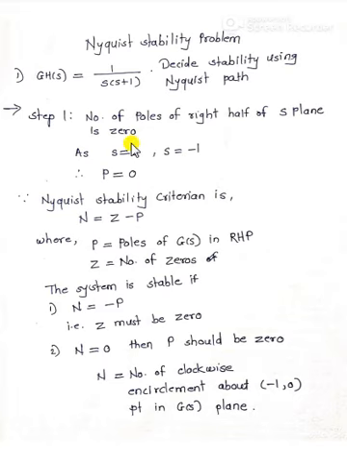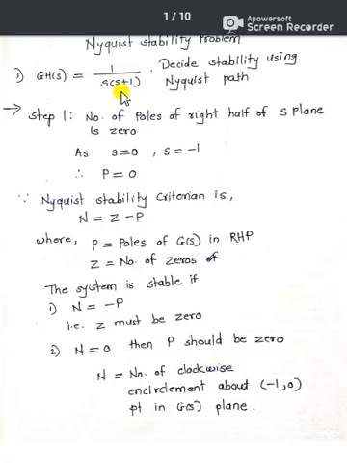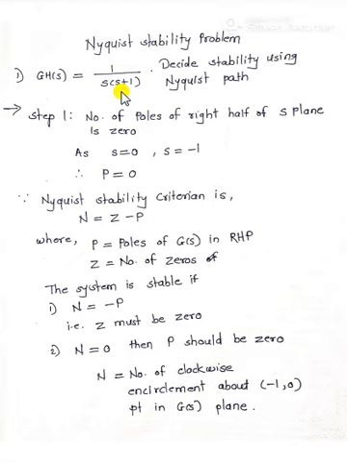So let's start. This is our step number 1. Step number 1 means what? We have to find the number of poles in the right half of the S plane. This is the denominator, it indicates the number of poles, as we already know, right? So we equate this denominator to 0.